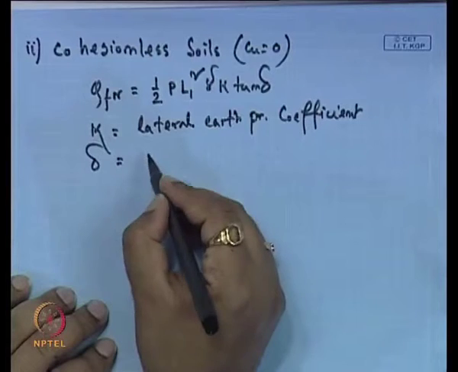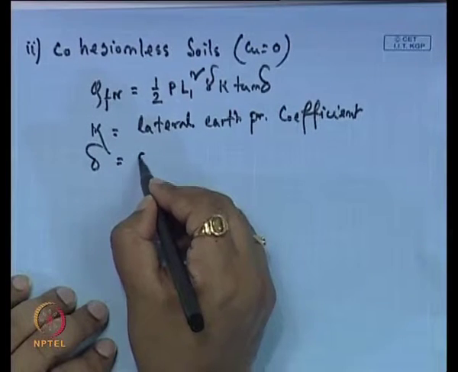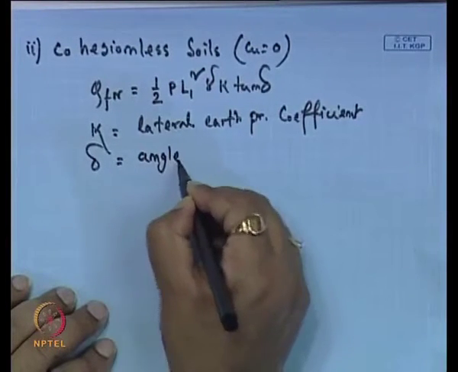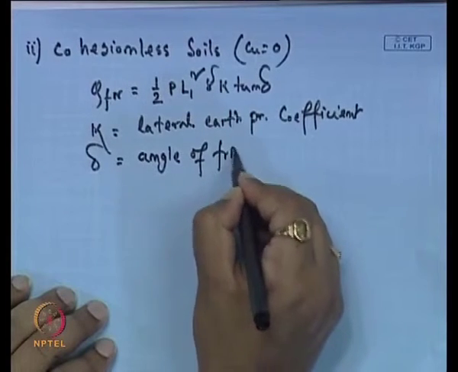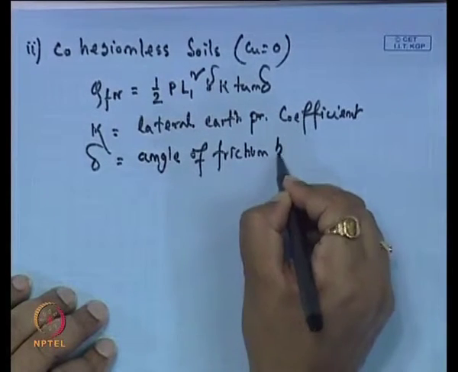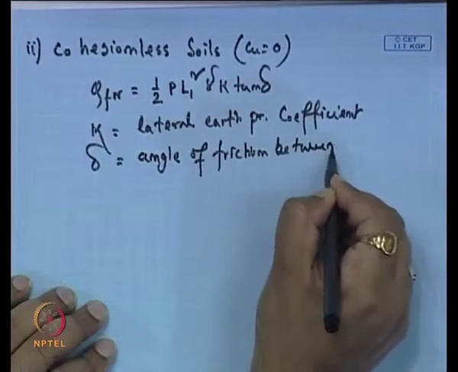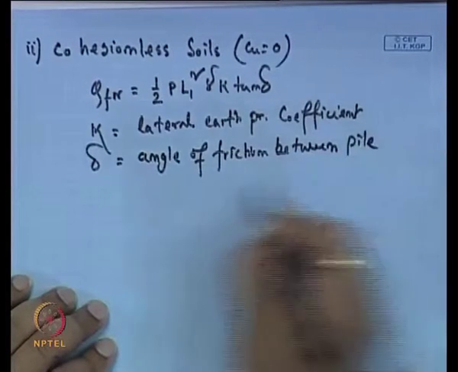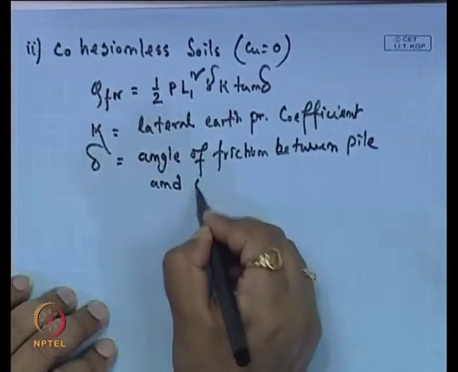delta is the angle of friction between pile and that compressible soil.